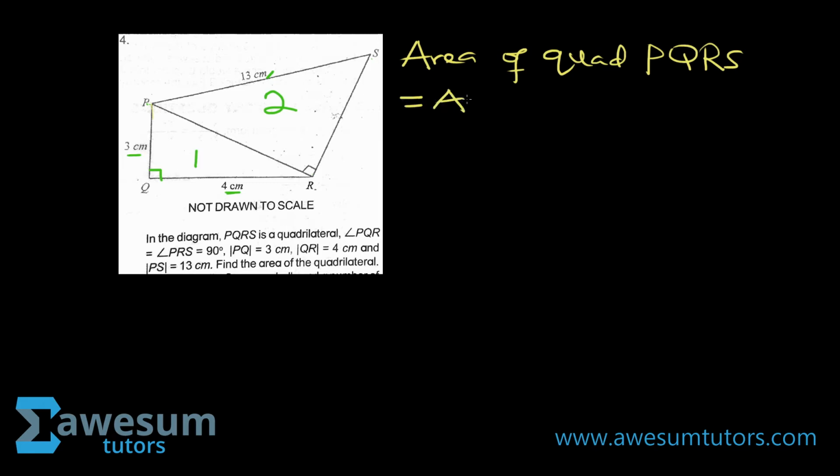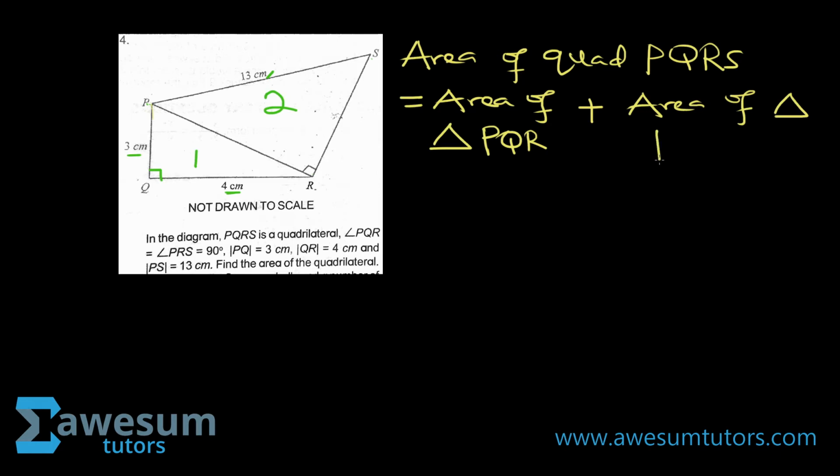So the area of the quadrilateral PQRS can be divided into two triangles, so you have it equal to the area of triangle PQR plus the area of triangle PRS, or I can say PSR.